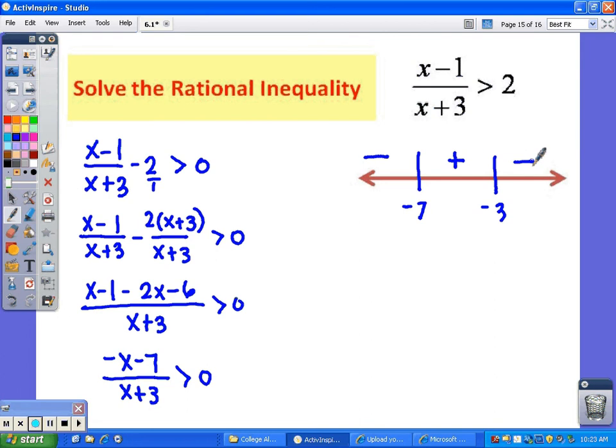All of that's going to be the same. The only thing that's going to change is your answer, because this time they're wanting to know where it's greater than 0. Greater than 0 is positive. So same number line, same results. This time though we want to know where it's positive. It is positive in between negative 7 and negative 3.